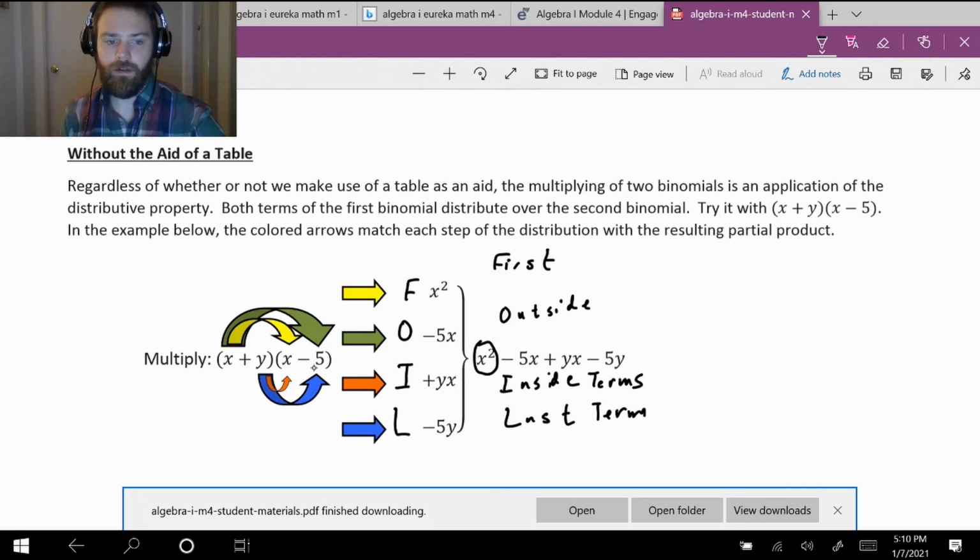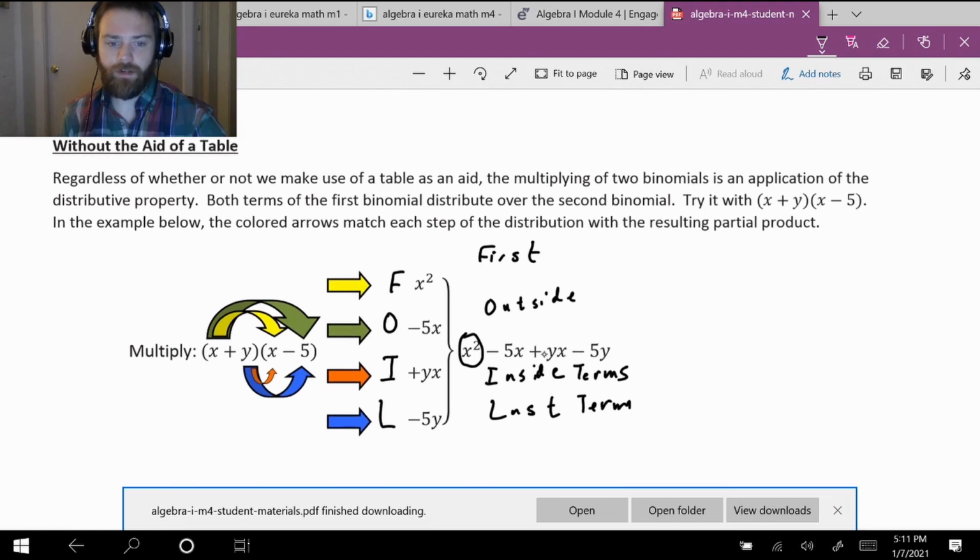Green color, x times negative 5, so negative 5x. Orange color, y times x, so plus yx or xy. You can write it either way. By convention, we like to switch those, so write the variables in alphabetical order whenever they're being multiplied. And then y times negative 5, so negative 5y there.